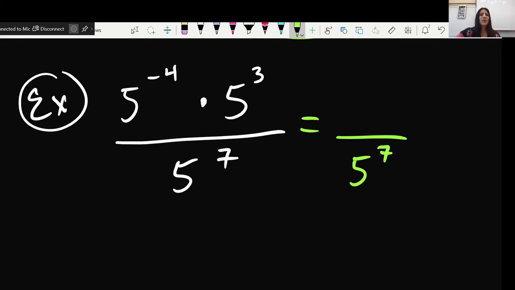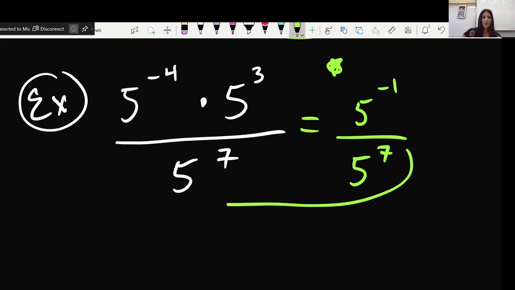Can somebody tell me what we would get at the top when we apply the exponent law that works for this? Yeah. 5 to the negative 1. Does everybody agree? So all we've done is the stuff at the top. And now do you see that this part is looking a lot easier? It's just like the ones we just finished doing.